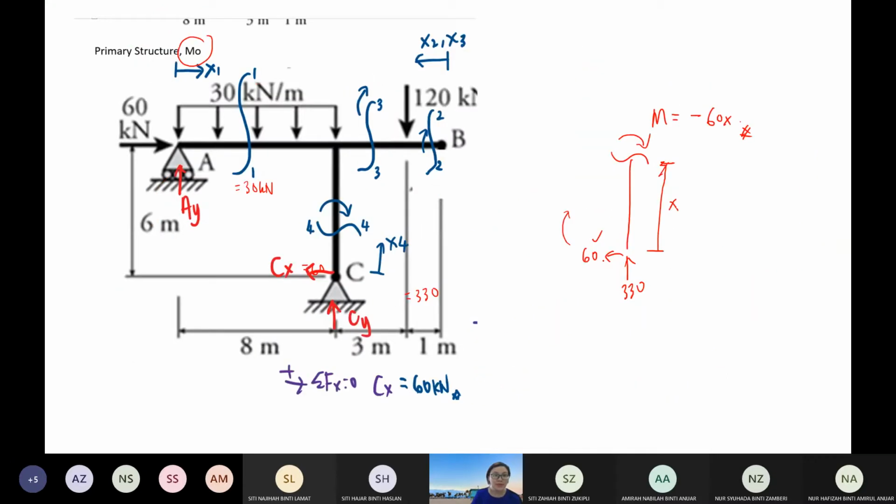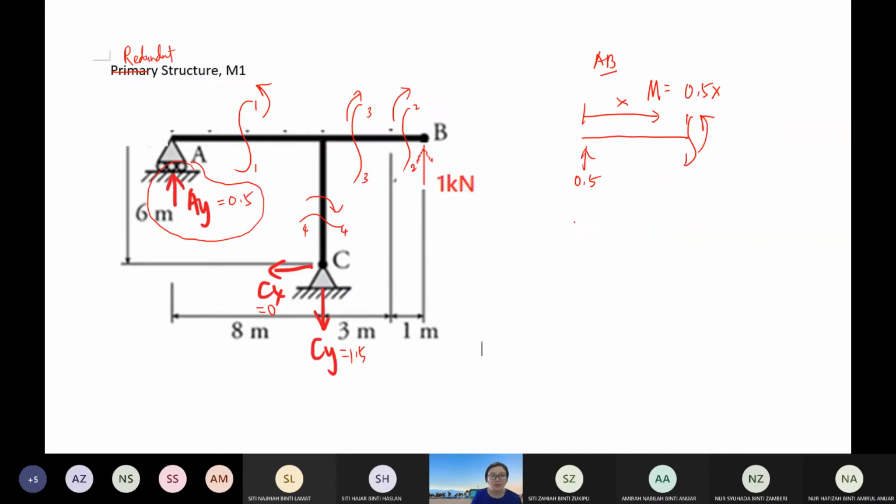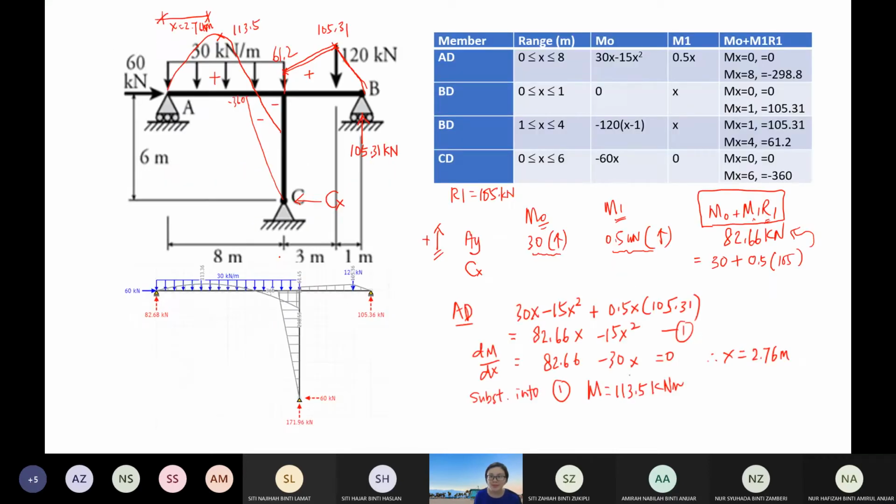In M0, my Cx is 60 kilonewton going to the left, and then in the redundant structure, Cx is 0. So I'm going to put it in my data here: 60 kilonewton going to the left, and then 0.